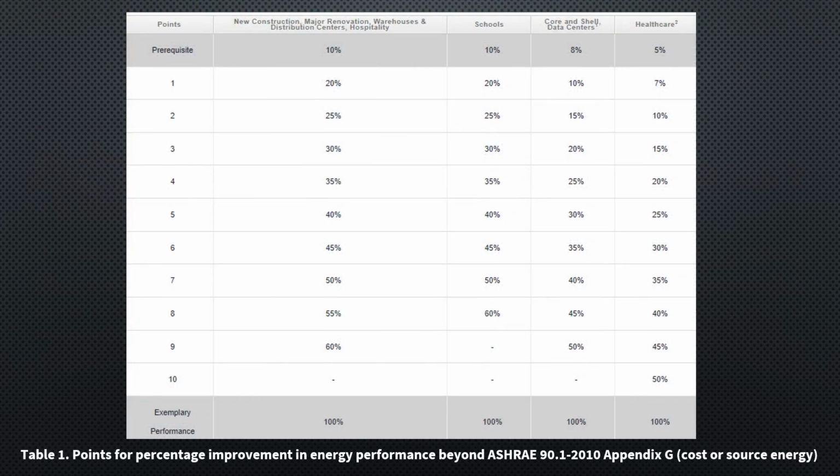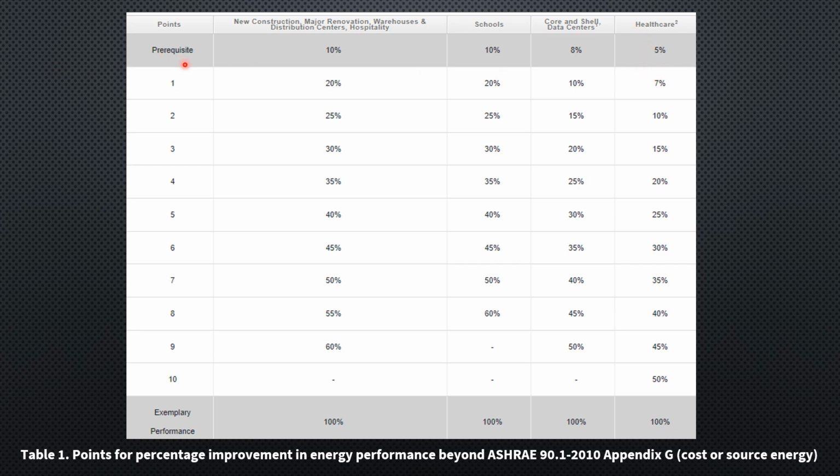This table is showing the points for percentage improvement in energy performance beyond ASHRAE 90.1-2010. Here the points are awarded based on the percentage of improvement in energy performance. So for achieving the prerequisite, for new construction, major renovation, warehouse and distribution center and hospitality, a 10% improvement in energy performance is required, and for schools it's also 10%, for commercial and data centers it's 8%, and for healthcare it is 5%.